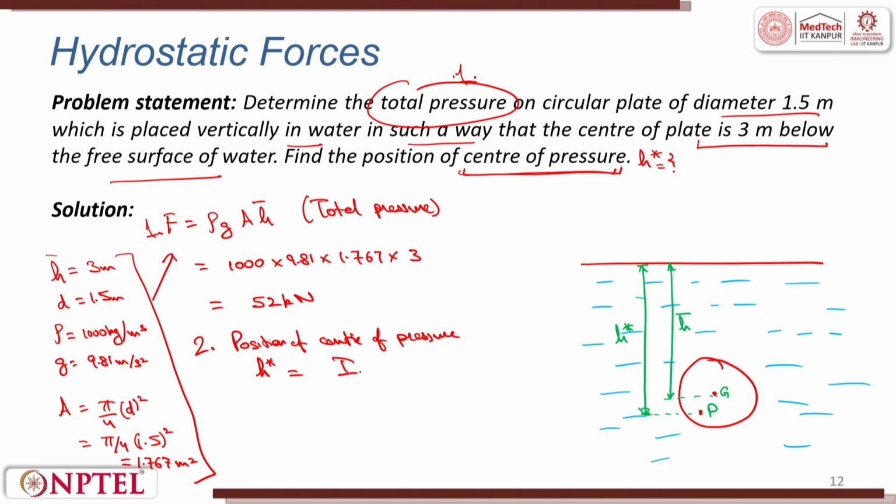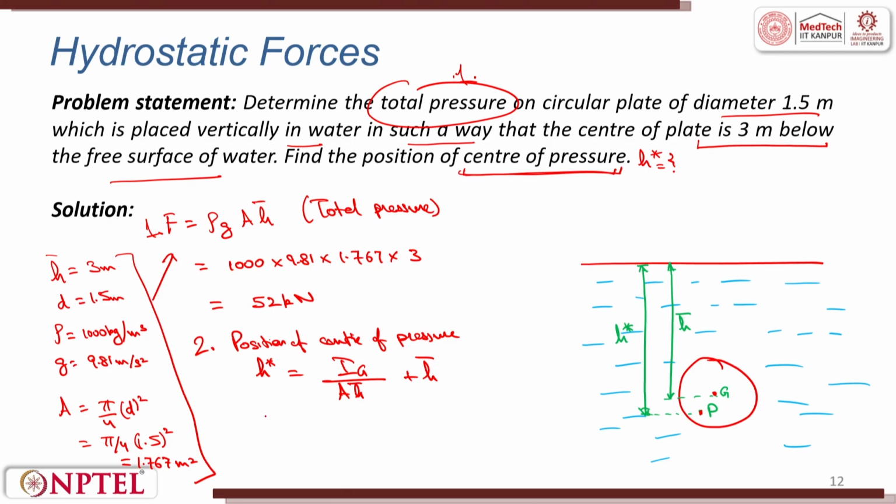This is equal to moment of inertia, that is second moment of inertia of the plate about horizontal axis through the centroid, by A into H bar, plus the H bar, that is distance from center of the plate.